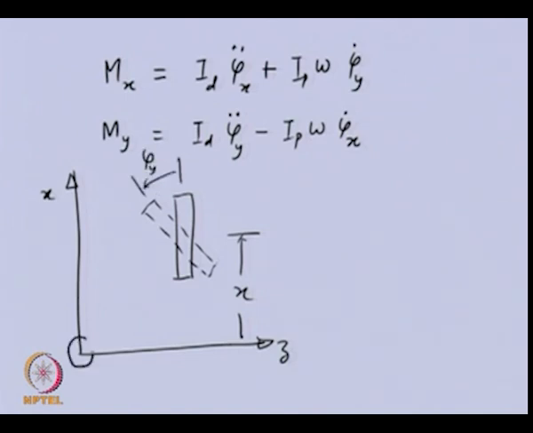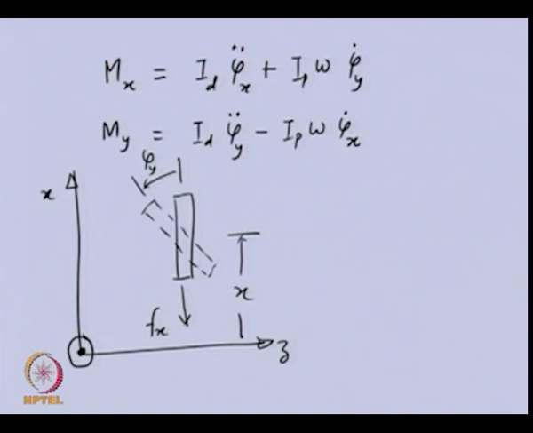The y axis is perpendicular to the screen and it is coming outside the screen. So, this point represents the tip of the arrow of the y axis, and because of the displacements we will have Fx in the downward direction, opposite to the displacement.